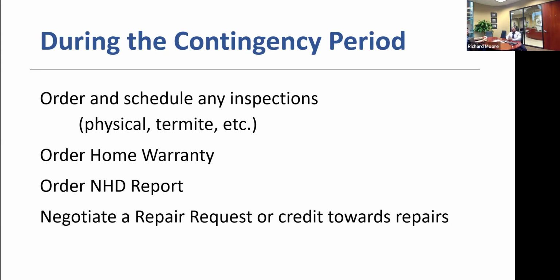But in most cases, they're going to submit a request for repairs, so you have to be ready to write that up. What you're going to do is look at the inspection report and share it with the buyer, and they're going to say, what do you think I should ask for? Well, what would you like them to fix? I wouldn't be petty about it and go through cosmetic things.